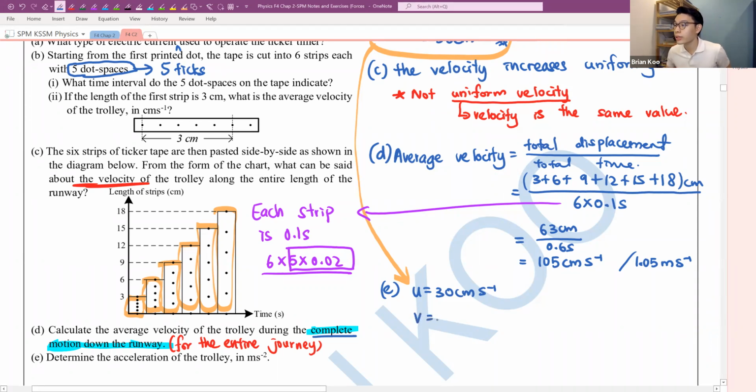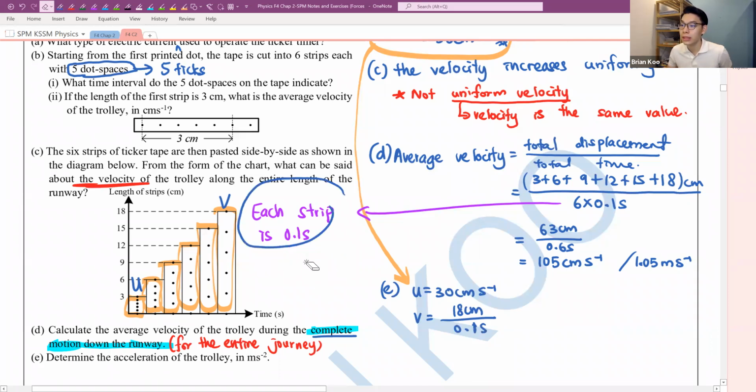V is equal to, take the longest strip. So the U is the first strip, V is the last strip. So V is going to be 18 cm divided by 0.1 seconds, because we know each strip is 0.1 seconds.